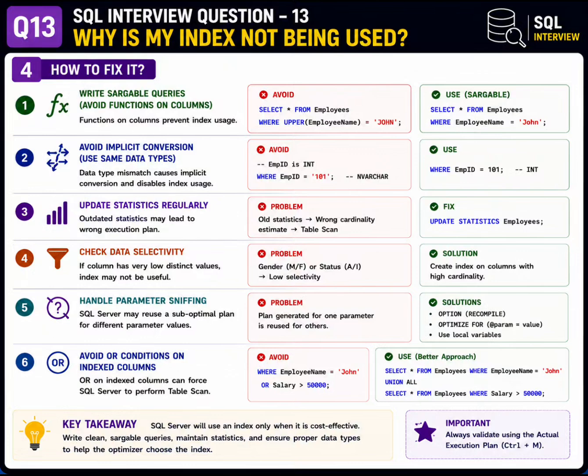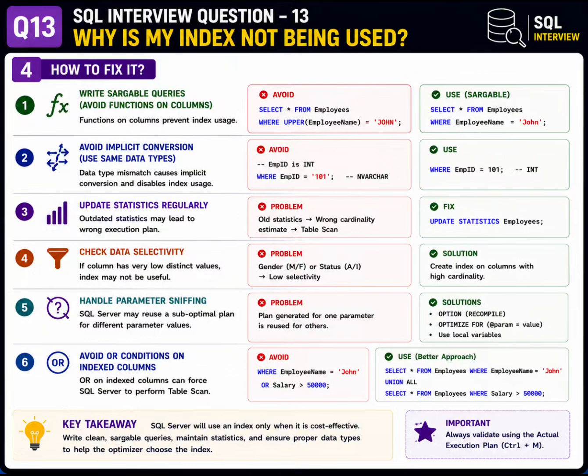Then the fourth one is check column selectivity. Indexes work best on columns with many unique values. Columns with very few distinct values may not benefit from indexing. Handle parameter sniffing.